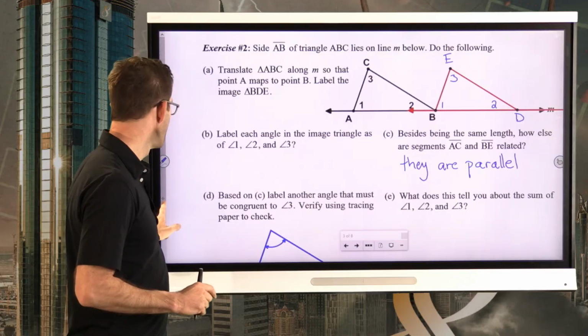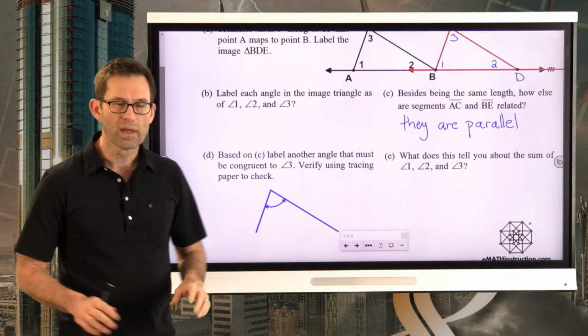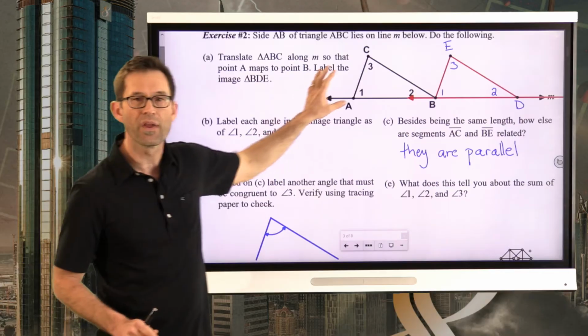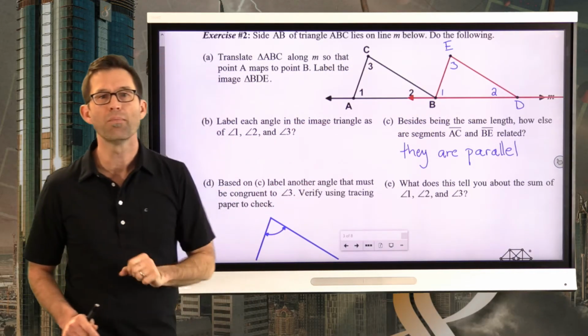Letter D says, based on letter C, label another angle that must be congruent to angle 3. Verify using tracing paper to check. So let's talk about this a little bit. My claim is that there is another angle up in this diagram that you can also put a 3 in.